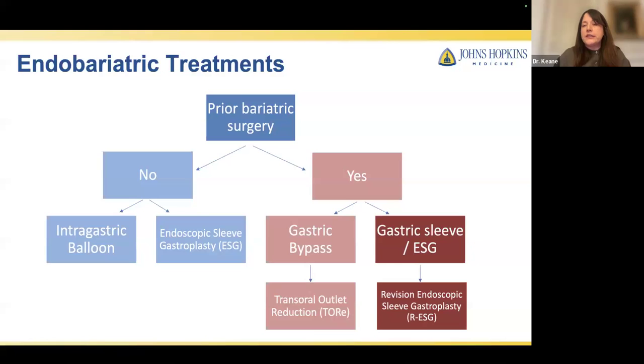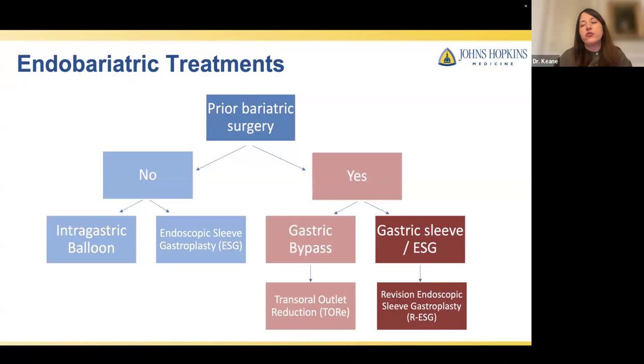So which procedure are you eligible for? Well, we start by asking you if you've had bariatric surgery before or not. And if you haven't, the primary procedures we offer you are an intragastric balloon or an endoscopic sleeve gastroplasty. And I will talk you through why you might select one or the other.